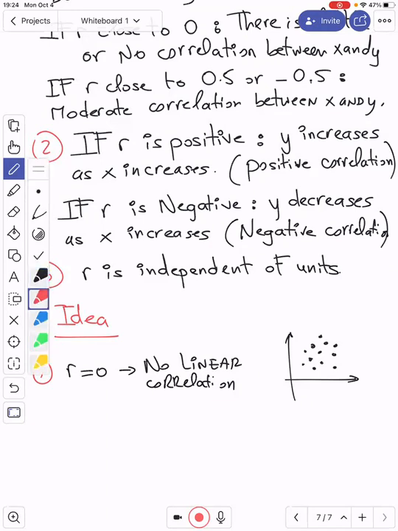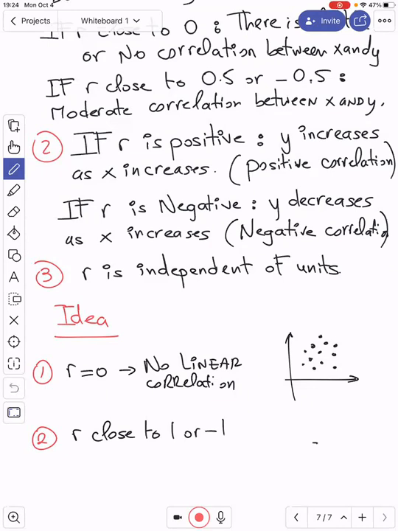If R is close to 1 or -1, your scatter diagram is going to resemble a line, which is going up in this case if R is close to +1.